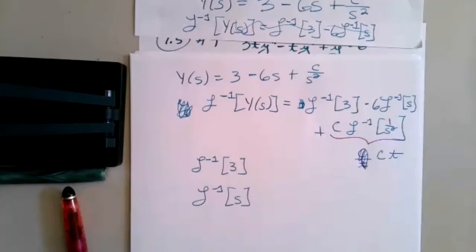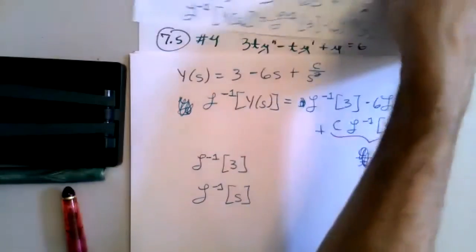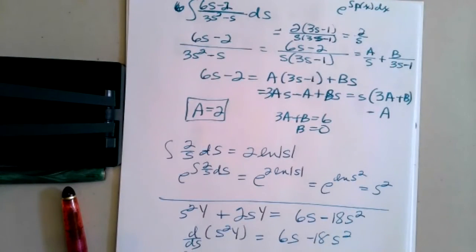So let me double check what I did in these calculations and make sure I'm not off track, because if you make a mistake, you'll get something that you can't do.